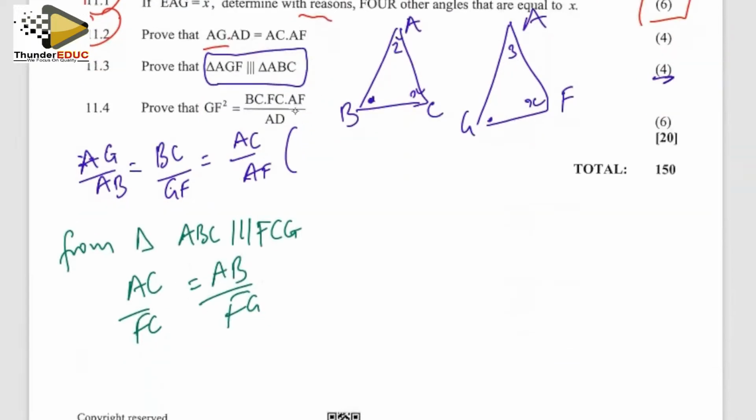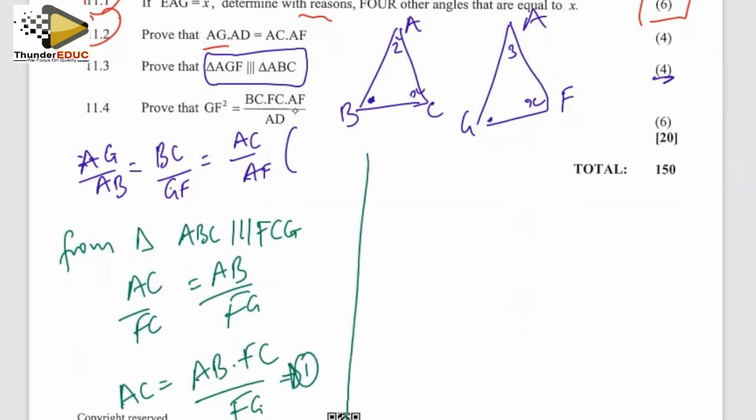I can make AC the subject at this level, and then I'll have AB times FC over FG.